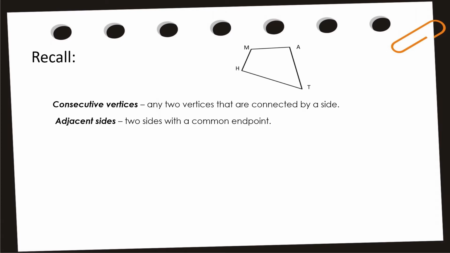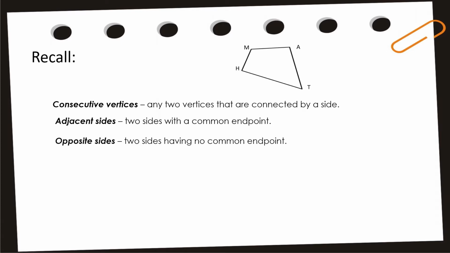Another example, side MH and side HT. They are two sides with a common endpoint, so we consider them adjacent sides. Another example, we have side AT and side HT. Another pair of adjacent sides are side MH and side HT.